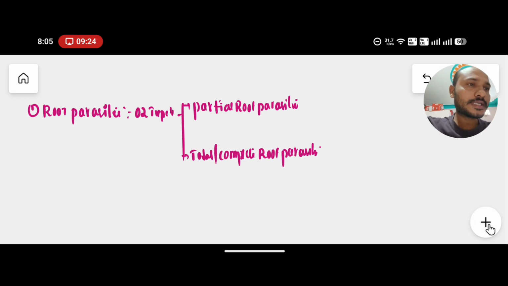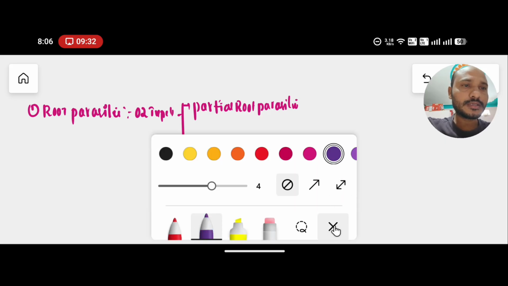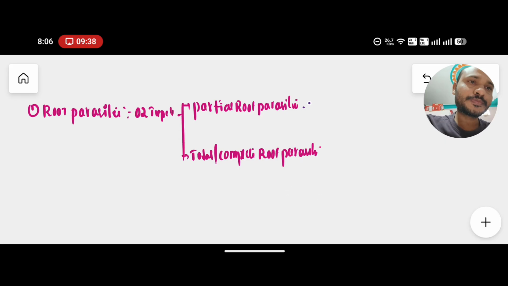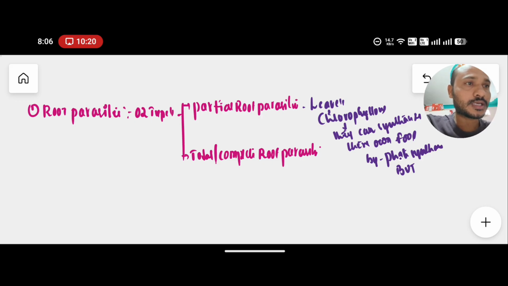What exactly is meant by partial root parasites? Generally, partial root parasitic plants have leaves, and if they have leaves, they are chlorophyllous. They can synthesize their own food by the process of photosynthesis, which means they do not depend on the host for food.